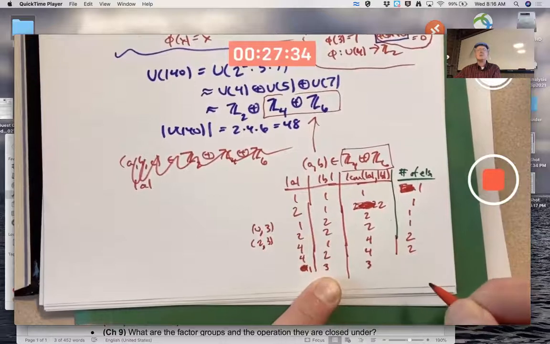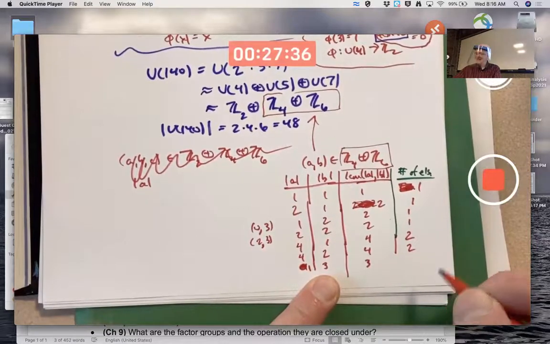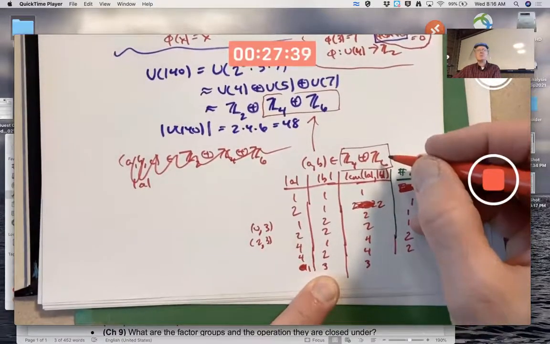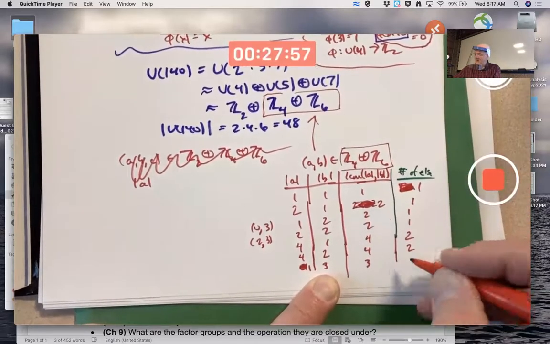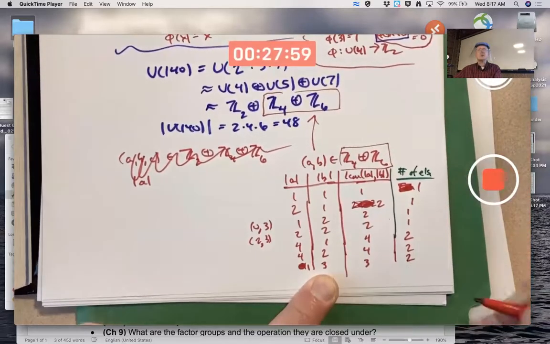How many elements in Z6 have order 3, and what are they? Certainly 2 does, right? 2 plus 2 plus 2, mod 6, is 0. Anything else? 4 has order 3. So there's 2 choices for B, 2 choices overall.